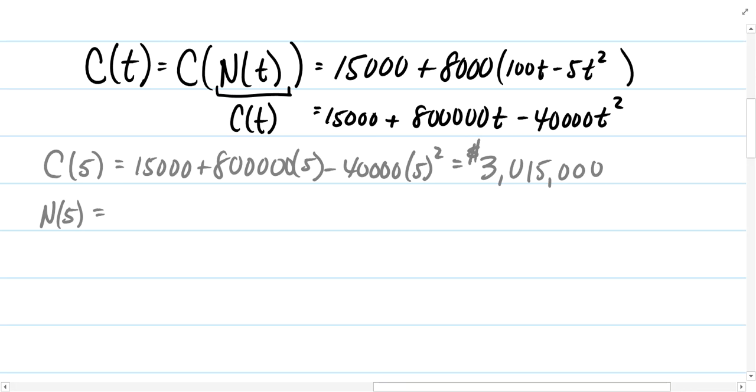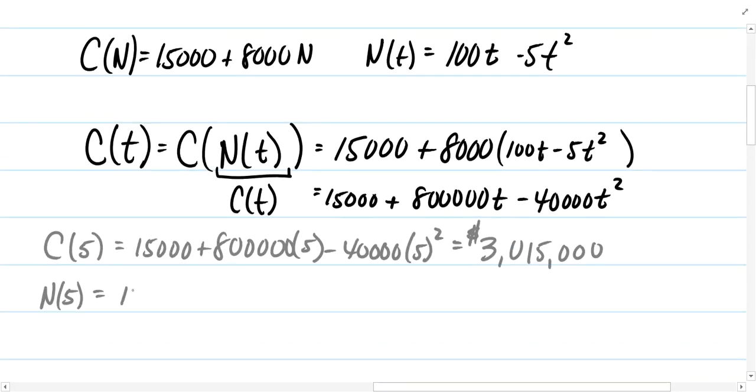The alternative to this would have been to first calculate the number of cars that can be produced in 5 hours. And so we knew that that would be 100 times 5 minus 5 times 5 squared. And off screen I calculated that out to be 375.